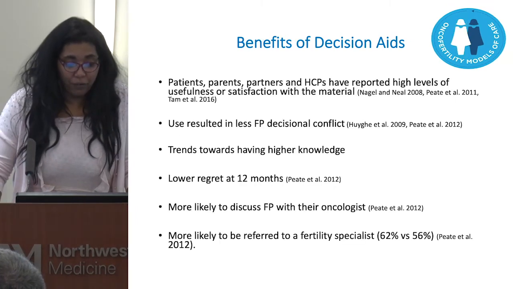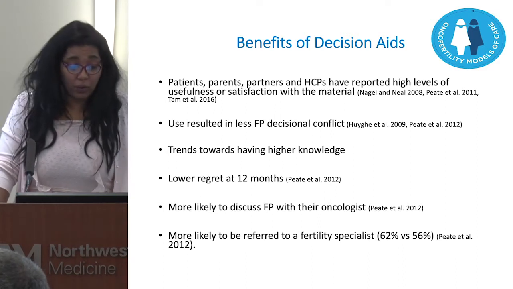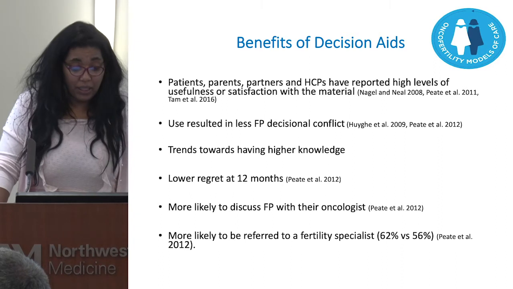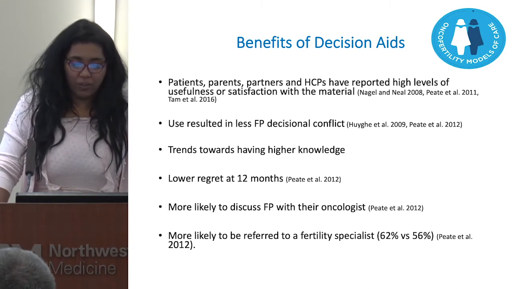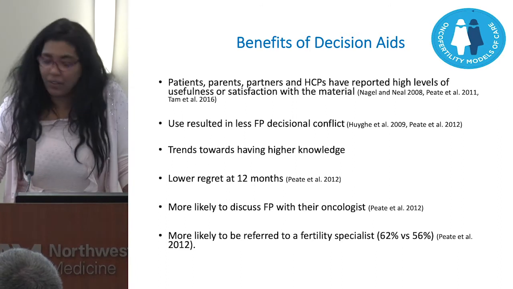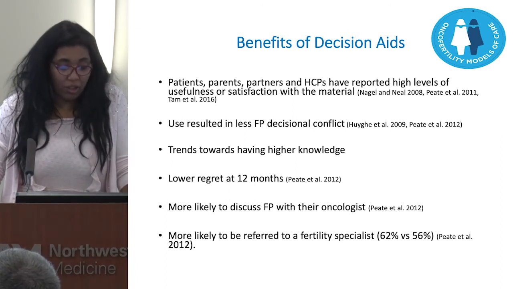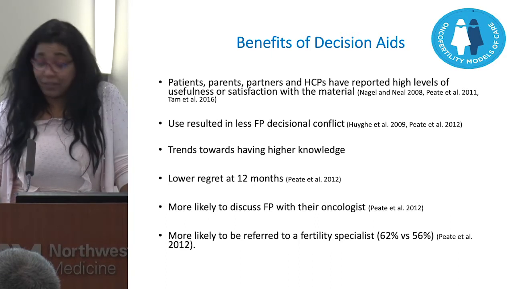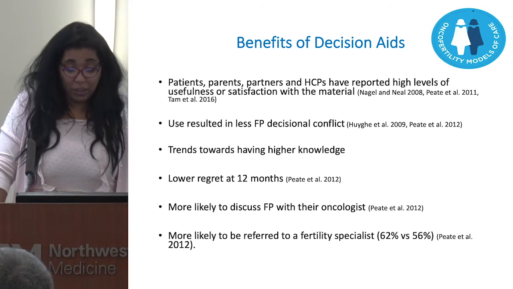In terms of benefits, they were reported very highly in terms of usefulness and satisfaction. Patients who used them felt that there was less decisional conflict in making decisions. There were trends towards higher knowledge. There was certainly lower regret in the months after cancer diagnosis and they'd made their decision.